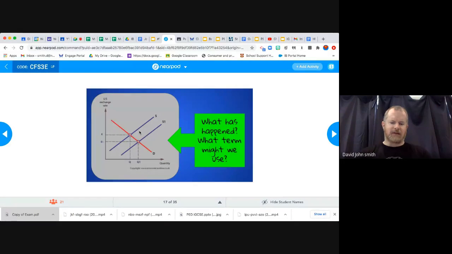As we remember from our market models, as it has increased in supply, the quantity demanded has increased, tracking down the demand curve, but the equilibrium price, or in this case the equilibrium exchange rate, has actually decreased as supply has increased.